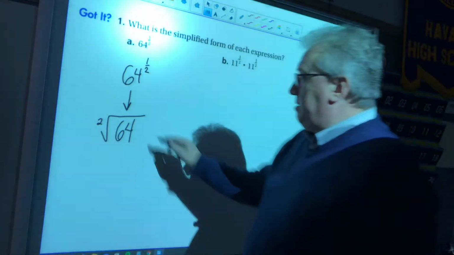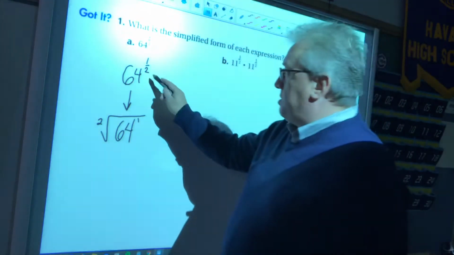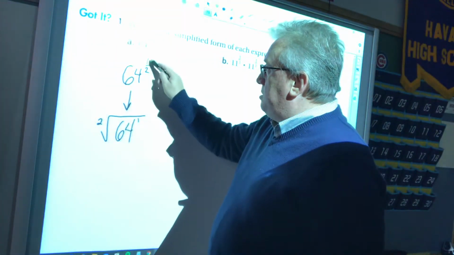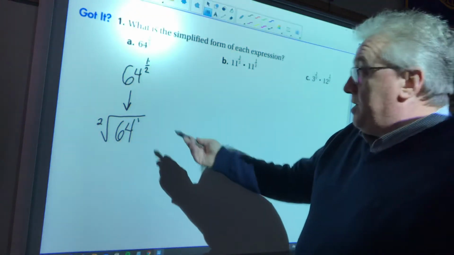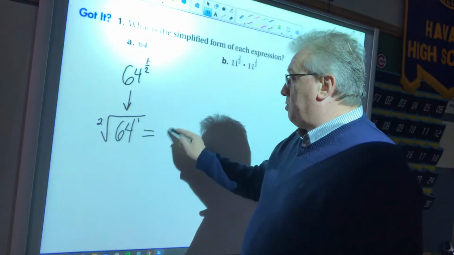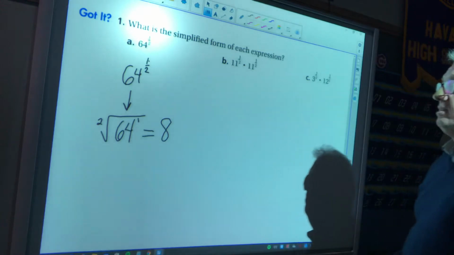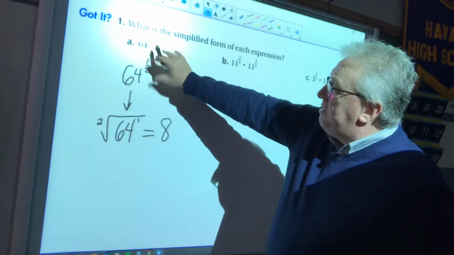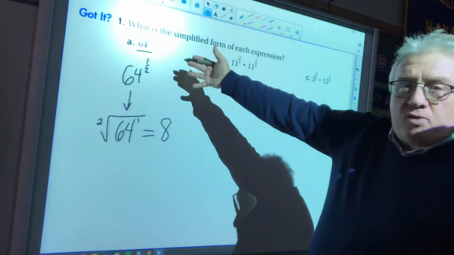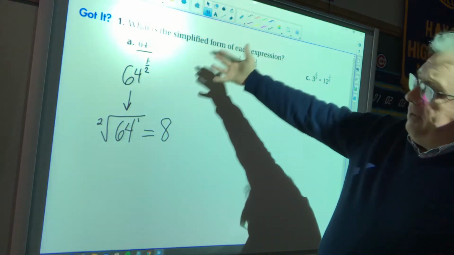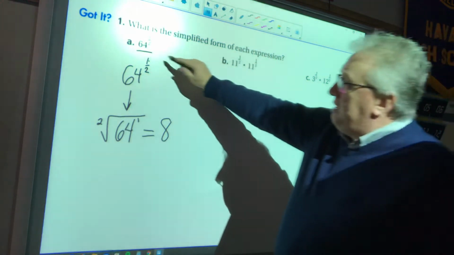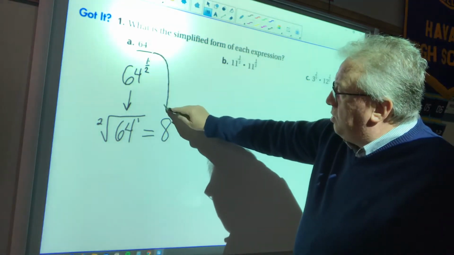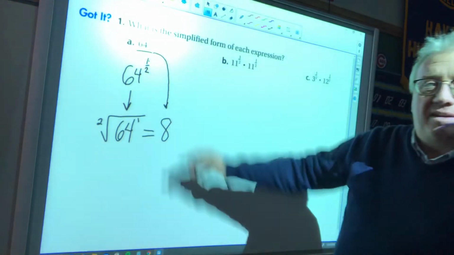We just don't write it. Notice our denominator is the index, numerator is the exponent. So that is just the square root of 64, which is just 8. So if you're looking at 64 to the 1/2 power, you might not know what that is, but if you work it out, it's just 8.